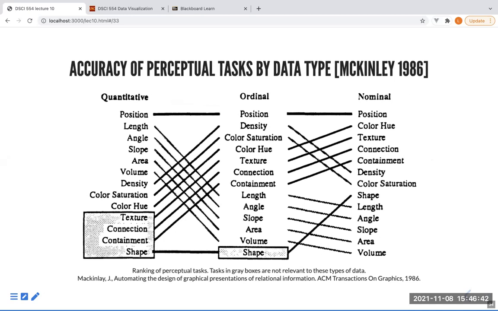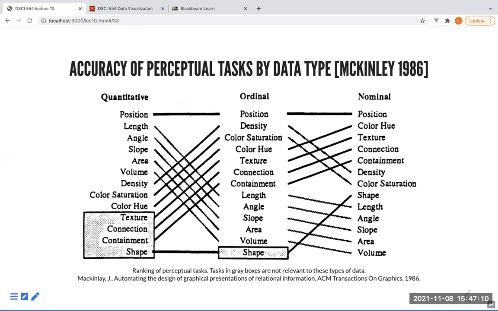Same McKinley paper tries to contrast this a little bit more in terms of the type of data. So you can do this work. It's useful in terms of theorizing, but obviously you won't be able to learn and memorize all these connections.